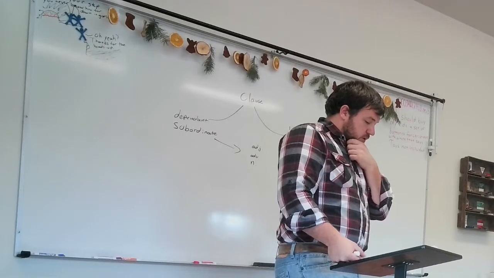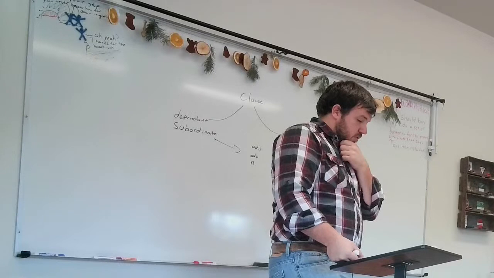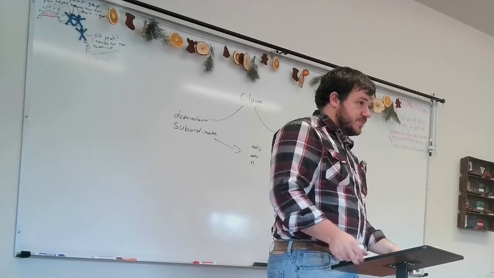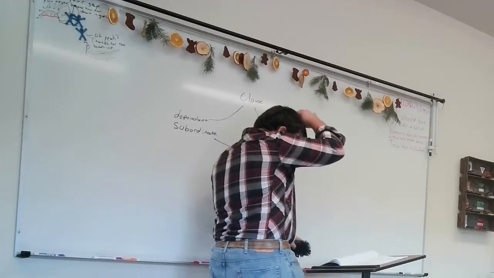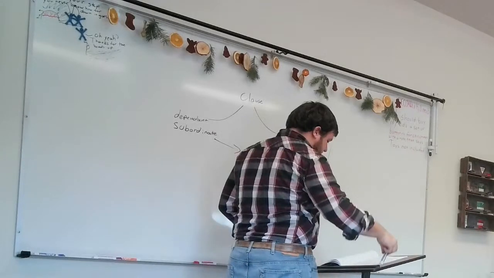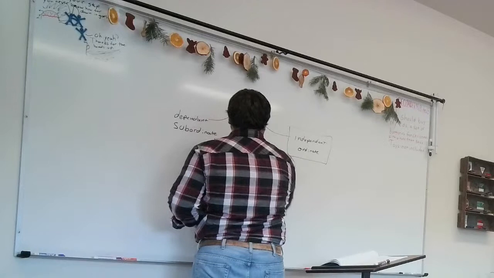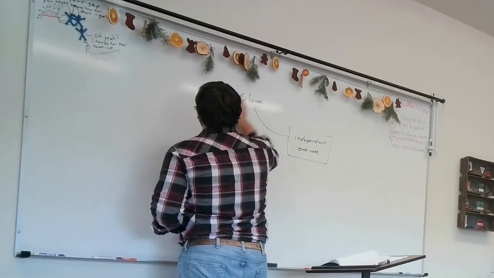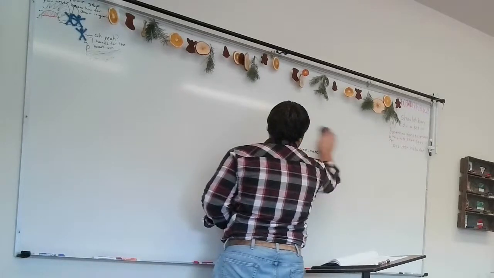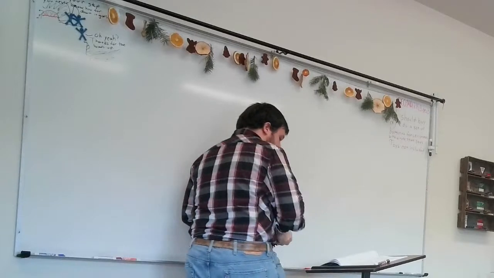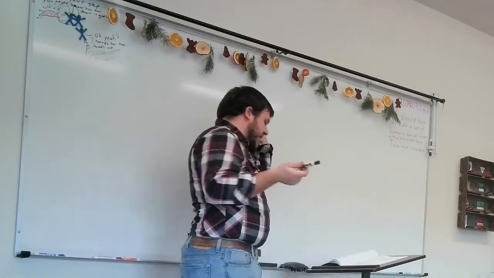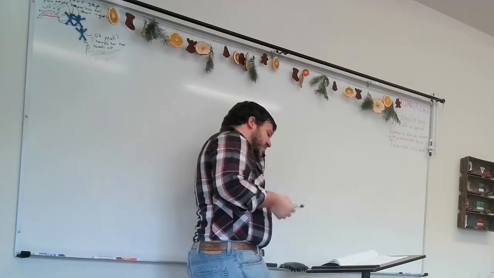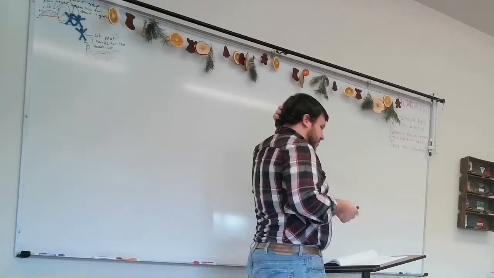So this whole thing about using relative pronouns. Who is used as a subject when it's referring to a person, so Enoch, who was the son of Cain. And whom is used as a direct object or object of a preposition.